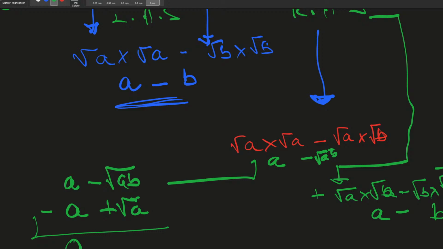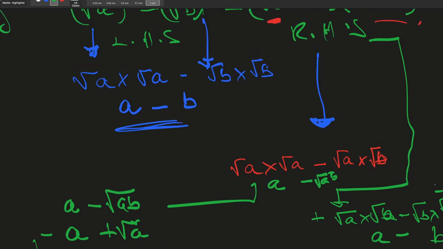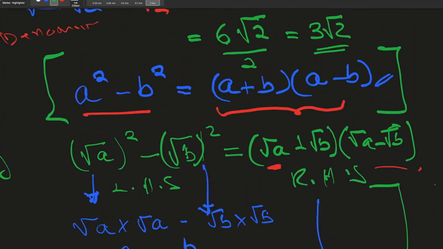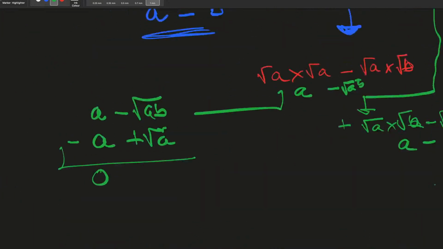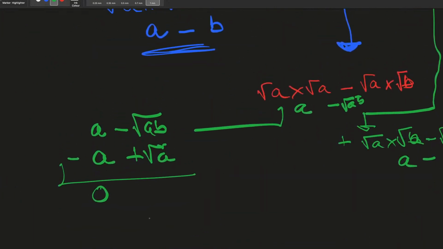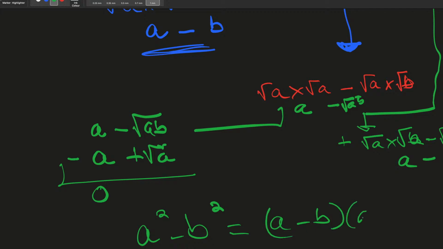Well, it may look a bit confusing to you, but all you have to do is remember this equation. Let me write the equation again. The equation is given as a squared minus b squared. It's always going to be a minus b, a plus b. This will help us when we're doing rationalization.